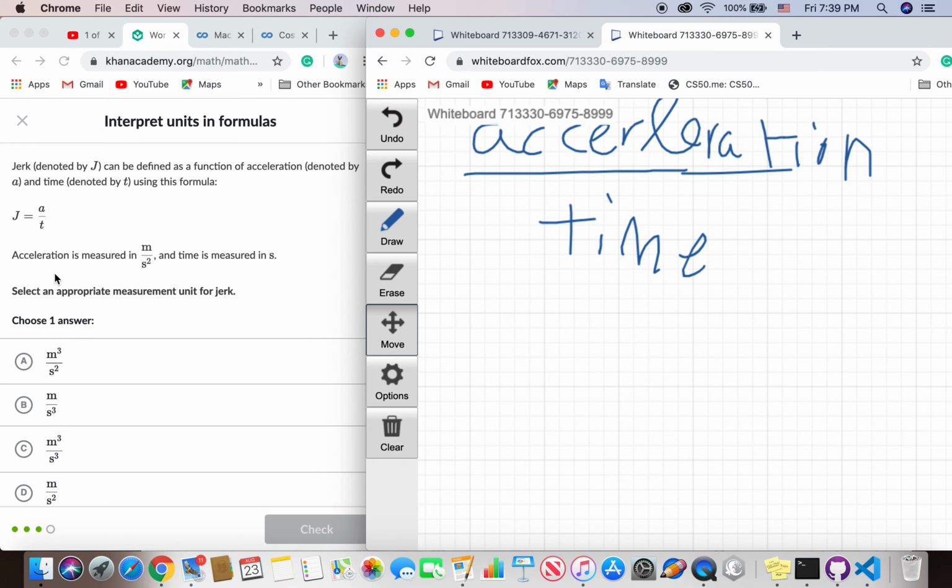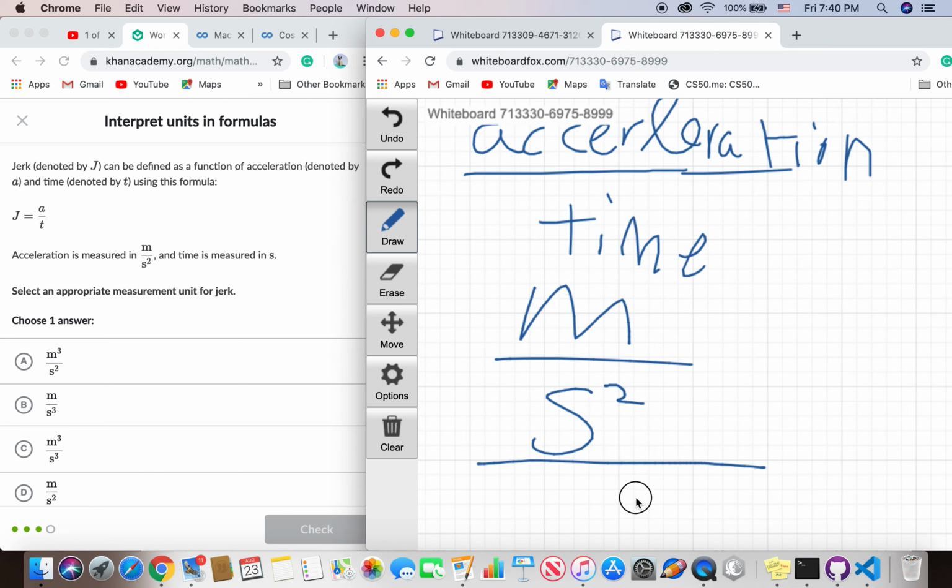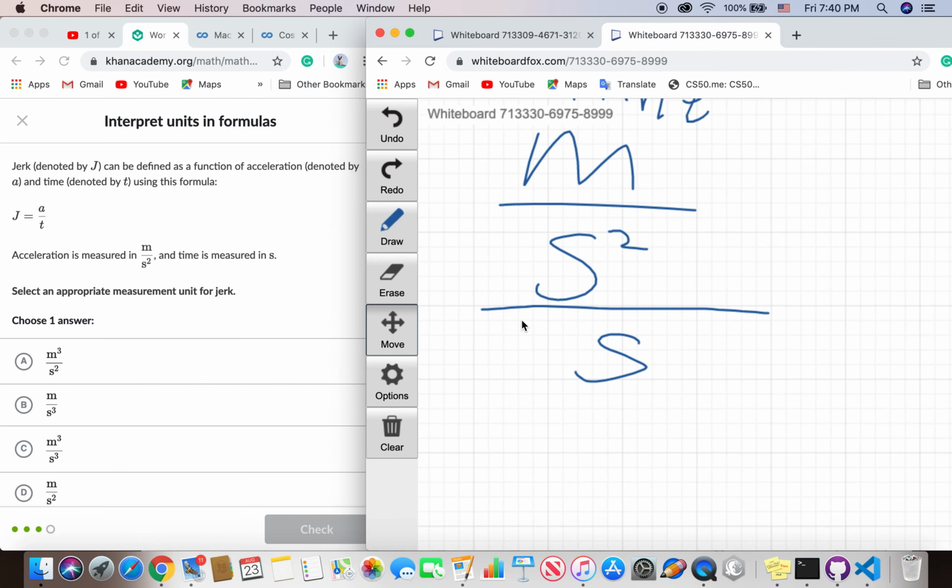Okay. And that's why we have a second paragraph, which is acceleration is measured in m over s squared and time is measured in s. That's how you're supposed to represent it. Okay? And then theoretically, we need to flip the fraction.